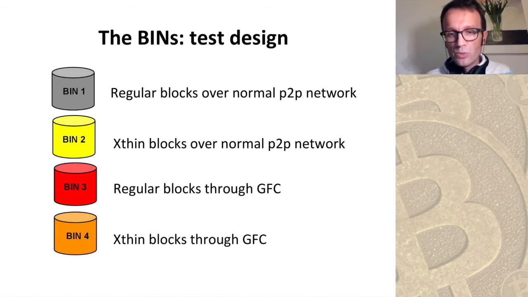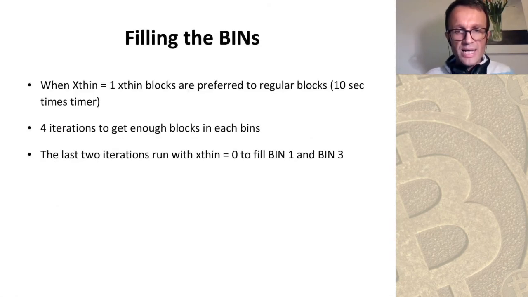Bin 3 was about regular blocks through the Great Firewall of China, and Bin 4 was about Xthin blocks propagated through the Great Firewall of China, in both directions, of course. And so the problem was that we have to have an equal or almost equal amount of blocks for each bin to have comparable data to use to evaluate the propagation time properly.